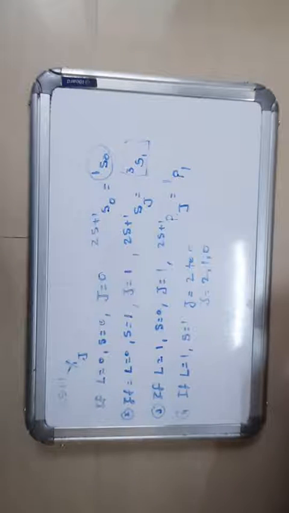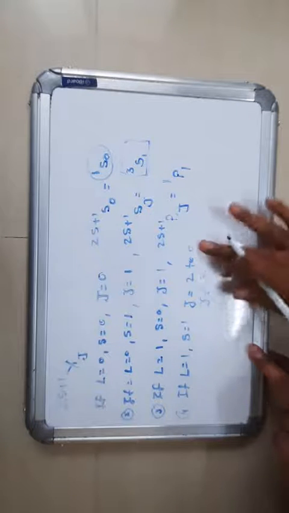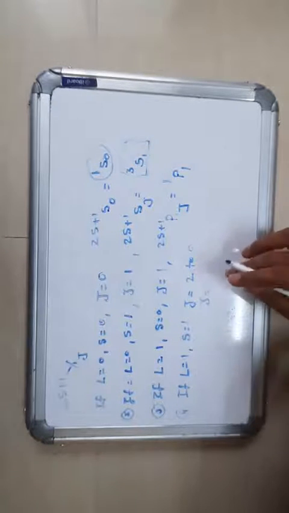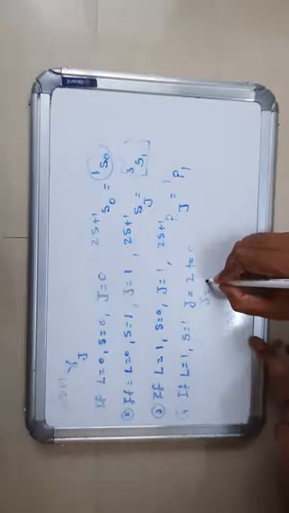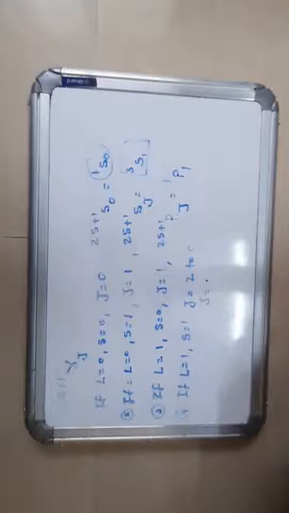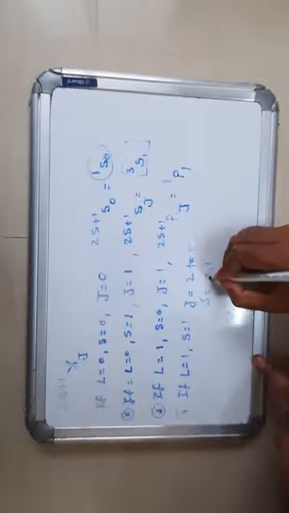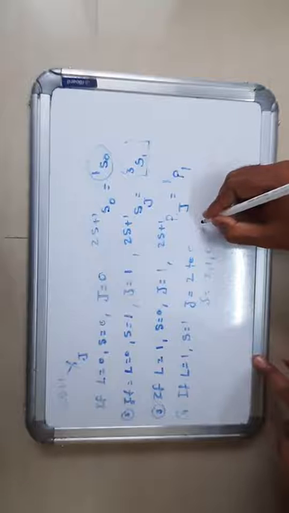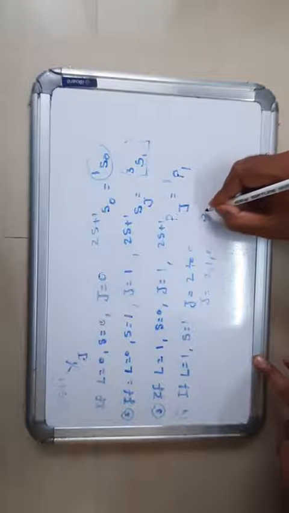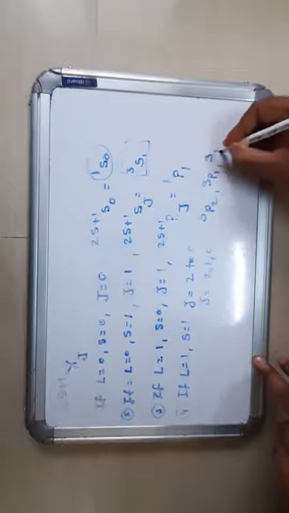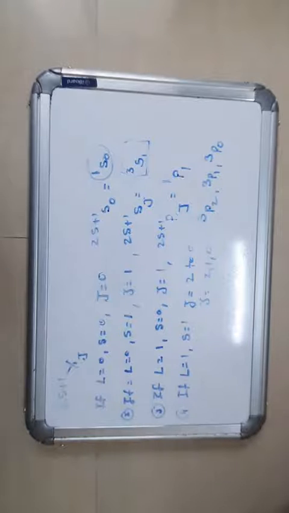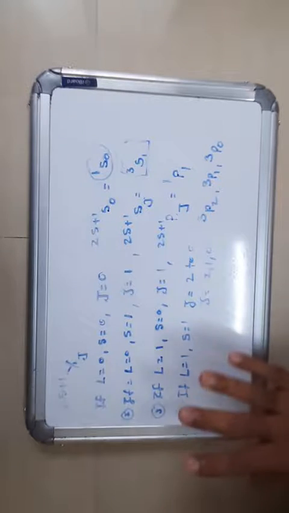Then the spectroscopic term 2S plus 1 is 3, and L is equal to 1, so 3P2, 3P1, 3P0 and so on. These are the spectroscopic terms, and here we discuss some examples also.